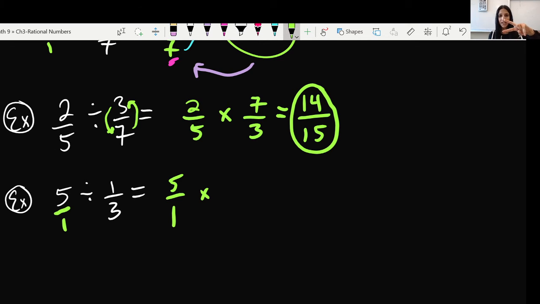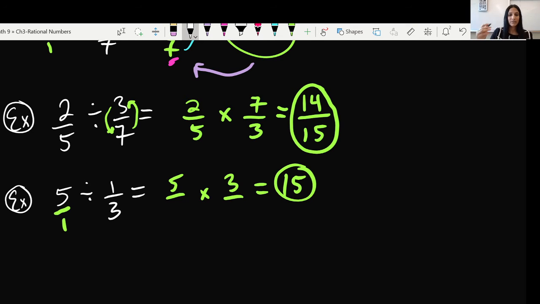And again, I'm going to take that 1 over 3 and flip it to find the reciprocal. So it would be like saying 3 over 1. In this particular case, the denominator of both of these ended up being 1, so I actually don't even need anything there. This is just 5 times 3, which is a whole number like 15. So that's what we end up getting.